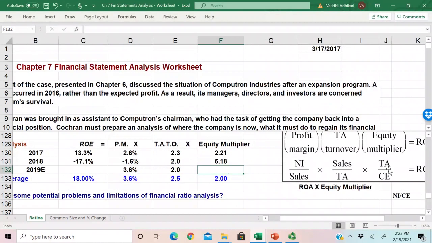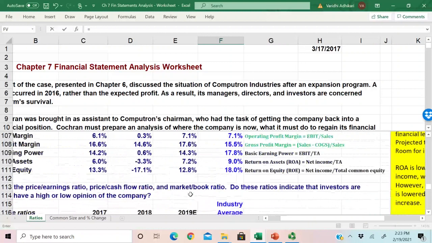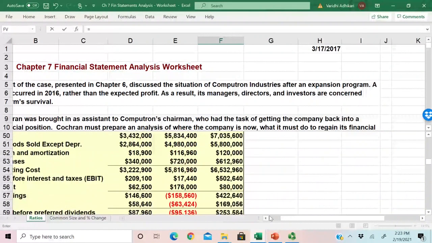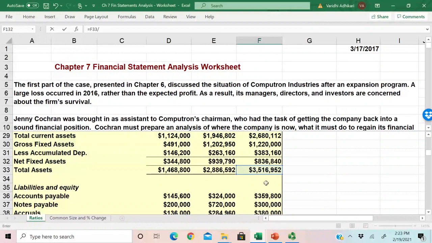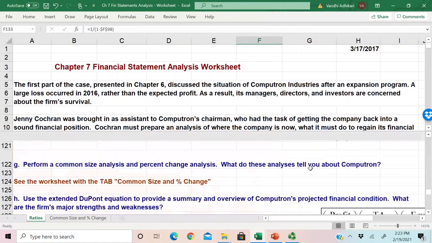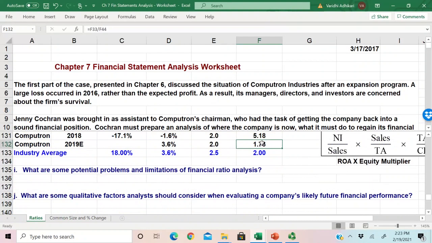the last thing, the equity multiplier. Total assets divided by total equity. We have not calculated that separately, but we can get it from the balance sheet. Total assets divided by total common equity. The difference is debt, so the more debt, the bigger this ratio.